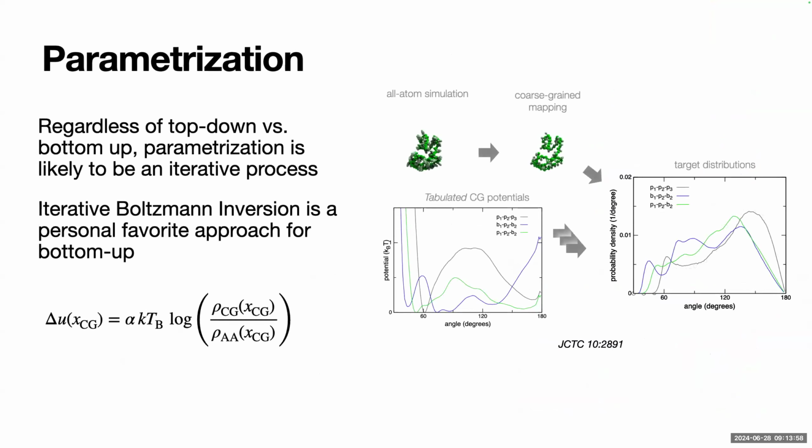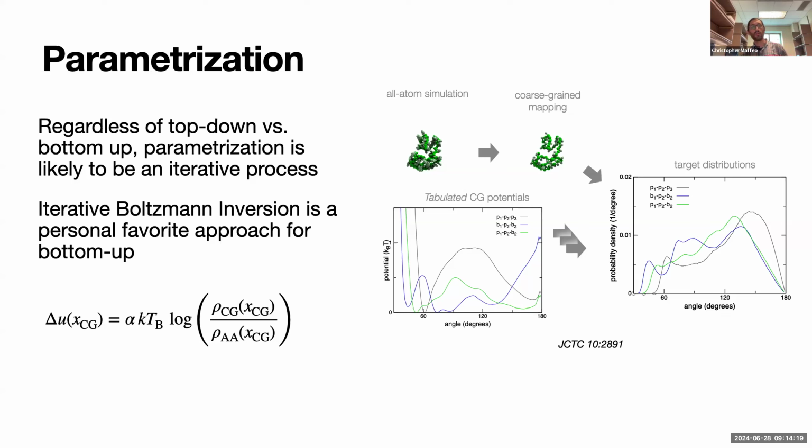Okay, so then after you've selected your sites, it's time to parameterize. Generally, whether you're doing top down or bottom up, you're probably going to have to do this iteratively. Usually with a top-down model, you're not going to make perfect choices with your first attempt at parameterizing.